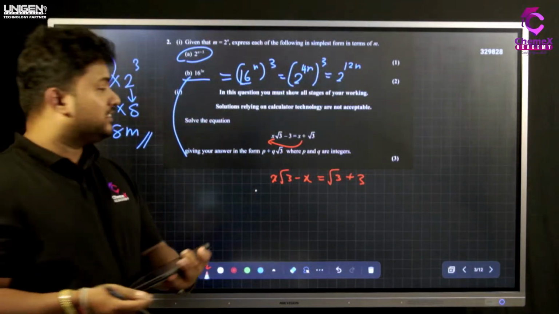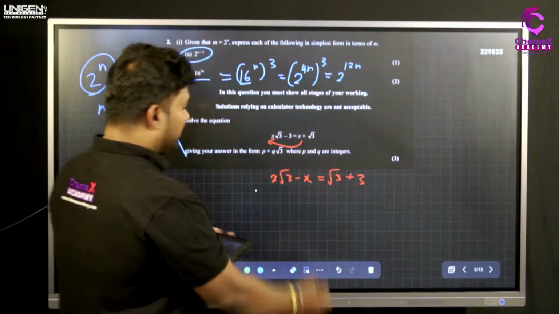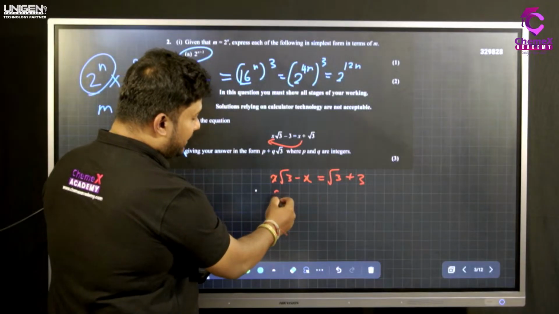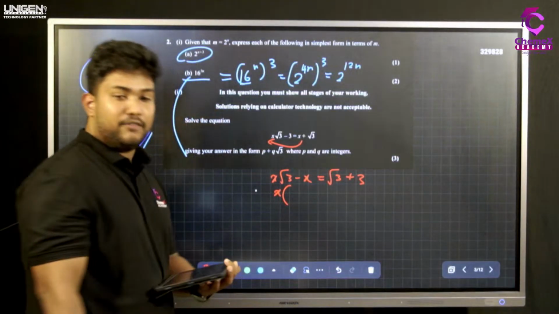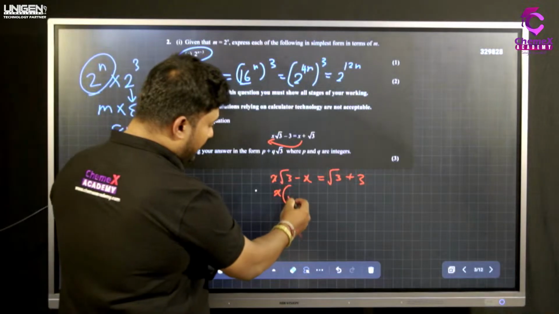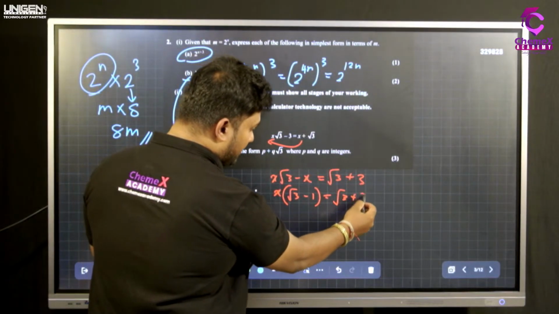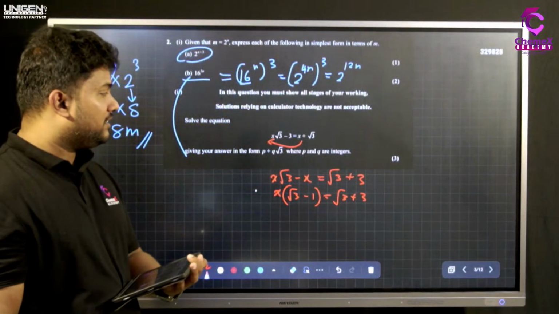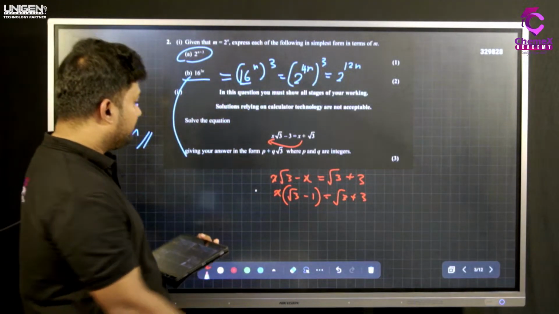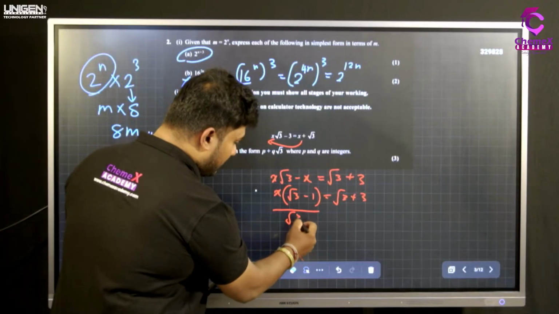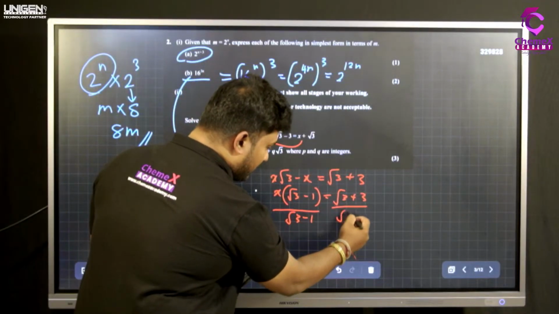If there's any lag, let me know. Okay. So from here, I can take the x term out. I'm going to factorize it out. So x times root 3 minus 1 is equal to root 3 plus 3. Then I can divide both sides by root 3 minus 1.